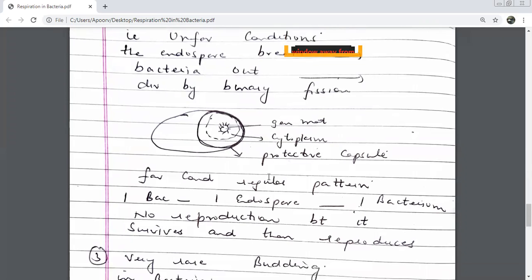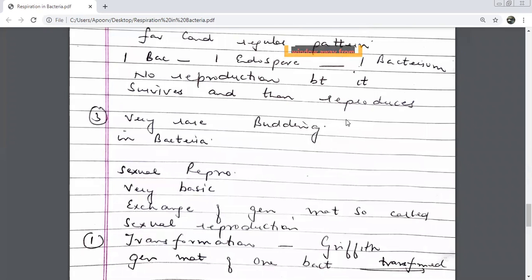Let's come to the third one. Most common: binary fission.